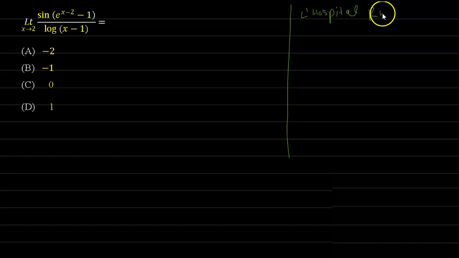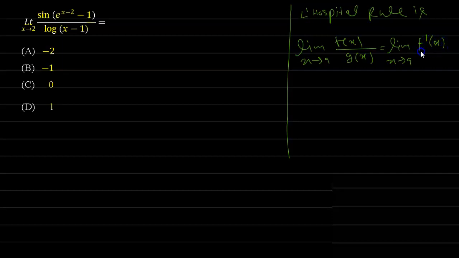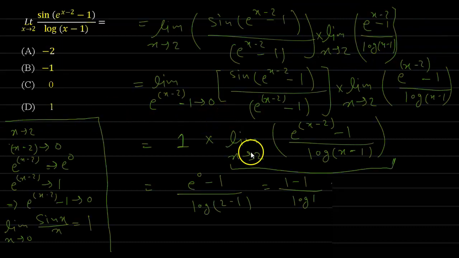The L'Hospital rule is: suppose limit x tends to a of f(x) by g(x) is equal to the same limit x tends to a of f dash x divided by g dash x, where f dash x is the derivative of f(x) and g dash x is the derivative of g(x). So applying this rule to this limit, we have to differentiate the numerator and denominator separately.